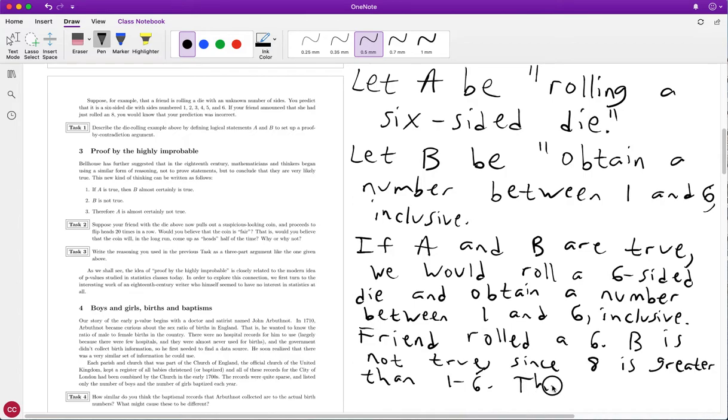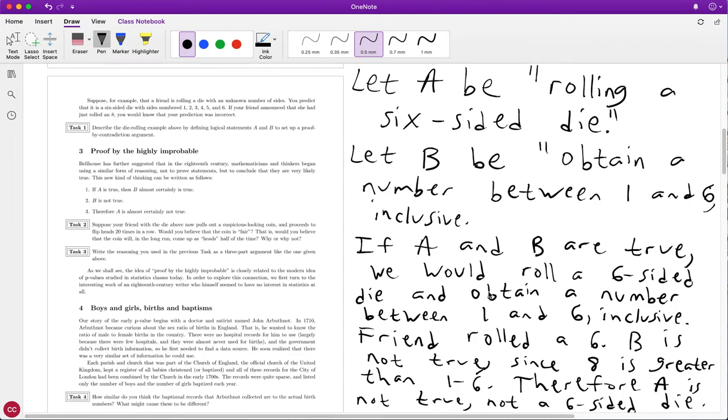Therefore, A is not true. So not a 6-sided die.